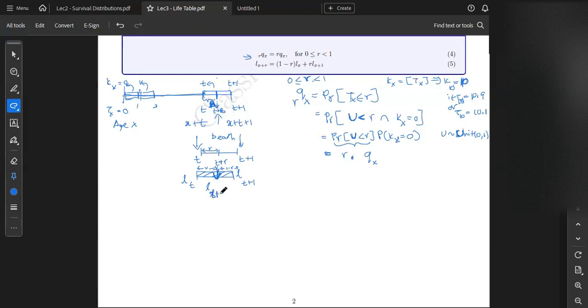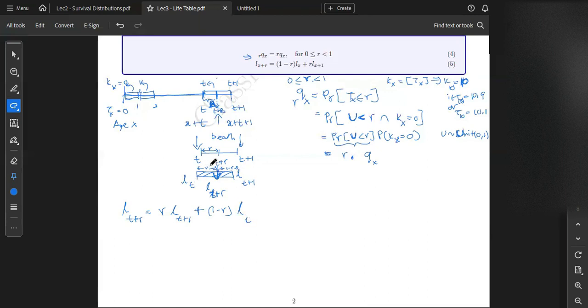So t plus r in here, and we can say the value at the survival's value at t plus r is equal to r times l_{t+1} and 1 minus r times l_t.